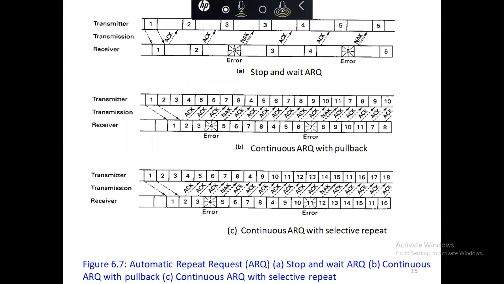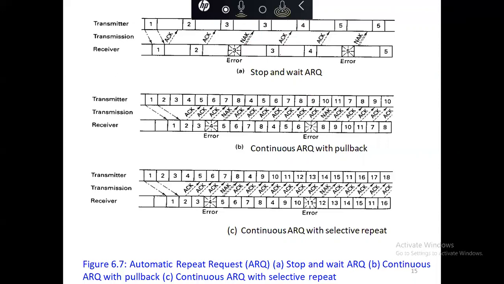So in ARQ, we have stop-and-wait ARQ. That is the oldest mechanism, in which the communication stops when we have an erroneous message, and when we get the correct version of the message, then we restart the transmission again.